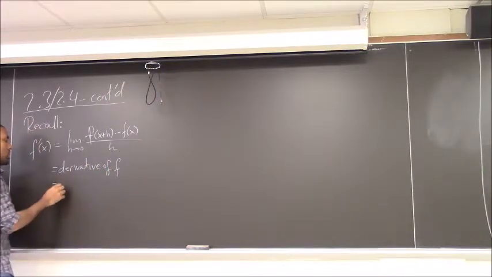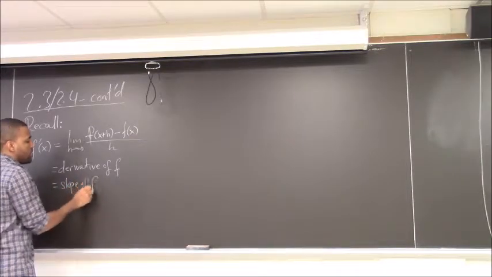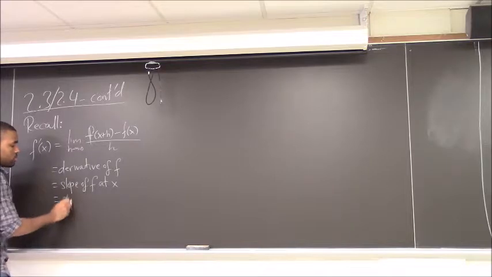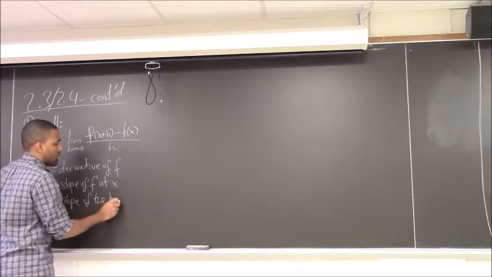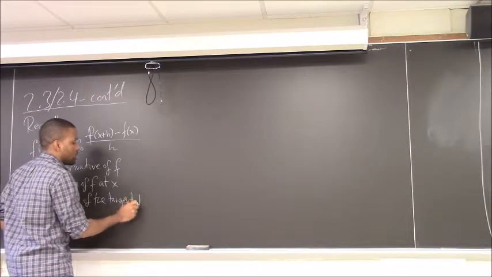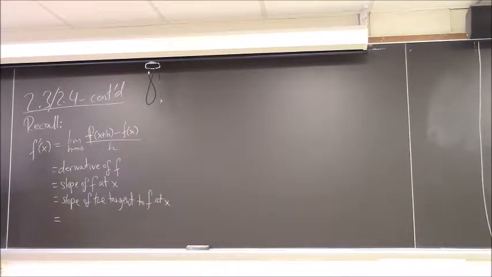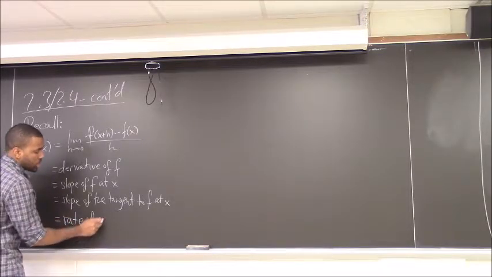Basically what it does is it tells you about the slope of f at x, which is another way of saying the slope of the tangent line to f at x, which can also be interpreted as a rate of change of f.